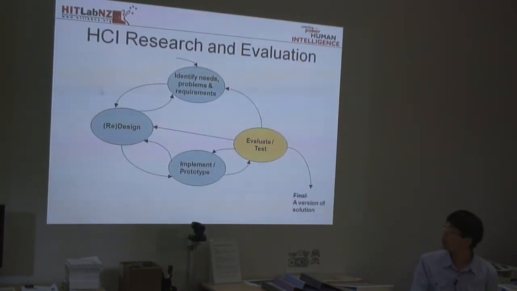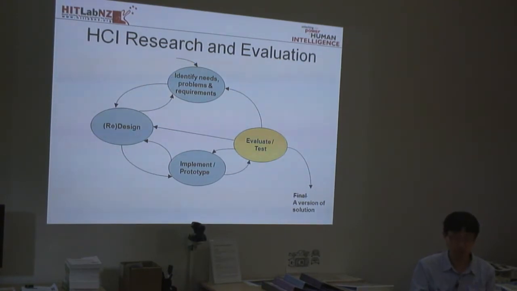So if we put that together into a diagram, you can think of the very first stage of your HCI research: you identify the needs or problems as requirements. Then based on this problem statement or requirement statement, you go into the design stage, where you design on paper or in a graph editor how to make your human-computer interface.